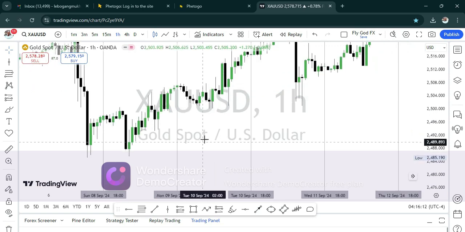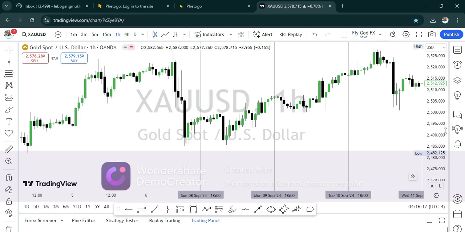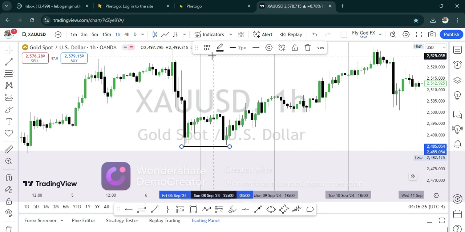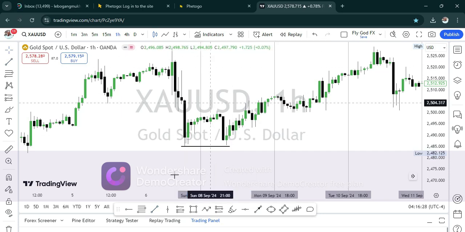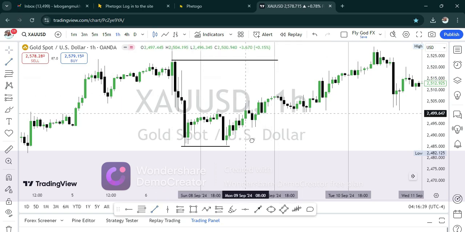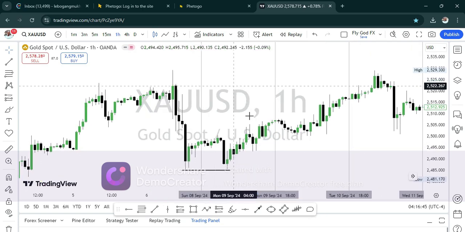So now, just because we already know what the price already did on Monday or for the previous week, we're going to mark our levels and potential targets on the day.